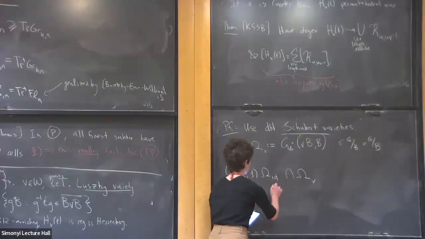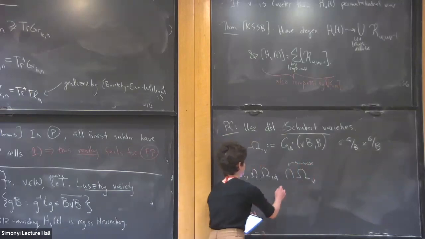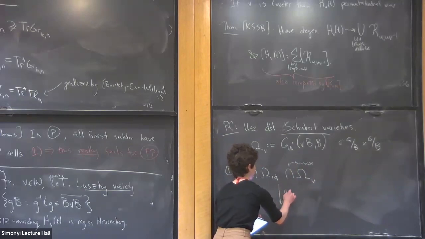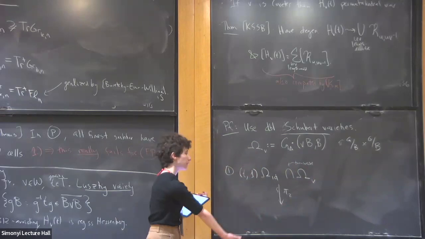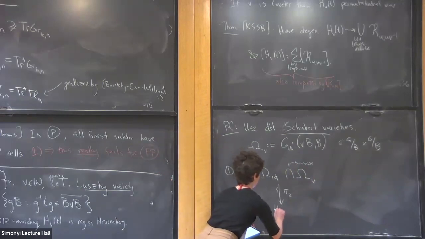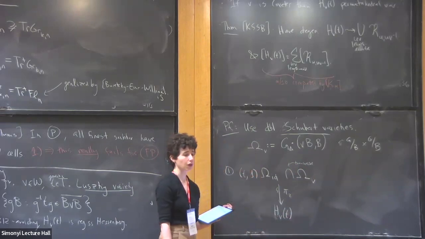So this turns out to be a transverse intersection. If you take this and project it onto the second factor, because we're in G mod B cross G mod B, you get exactly H_{V,T}.